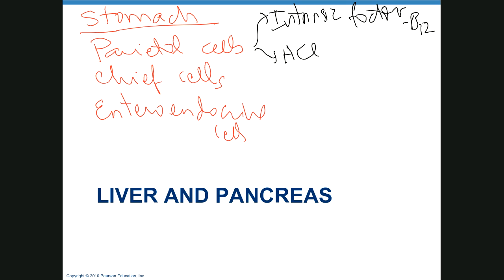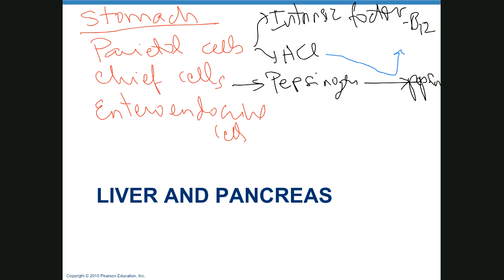Chief cells secreted pepsinogen, which with the action of hydrochloric acid was converted into an enzyme called pepsin, which digested proteins. So this is all in the stomach.